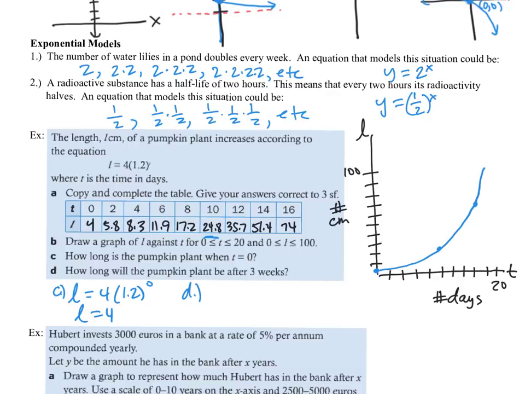Remember, 3 weeks is 21 days. So we'll find that length by taking 4 times 1.2 to the 21st power. So grab a calculator, get an answer to 3 significant figures, and that would be 184 centimeters.